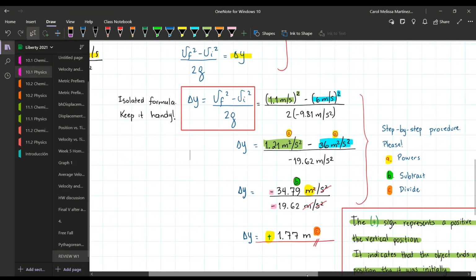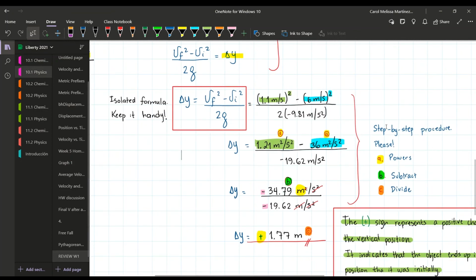Okay? Now, as I told you, it is mandatory to work step by step. That's why here I did the step-by-step procedure. It says delta y equals final velocity squared minus initial velocity squared, all divided by twice the gravity. So what I do first, I solve the powers. 1.1 squared is 1.21 meters squared over second squared, because you raise the number to the second power but also the units.